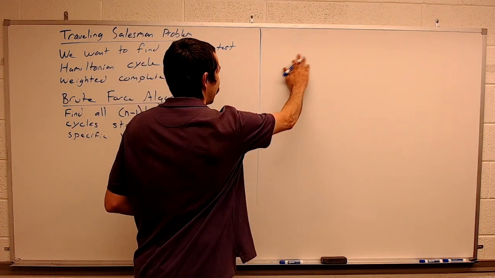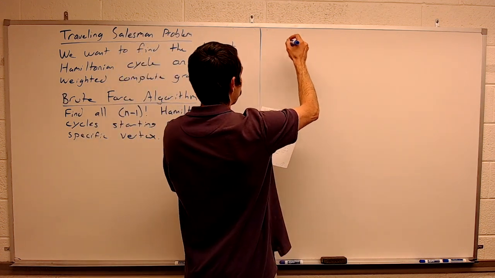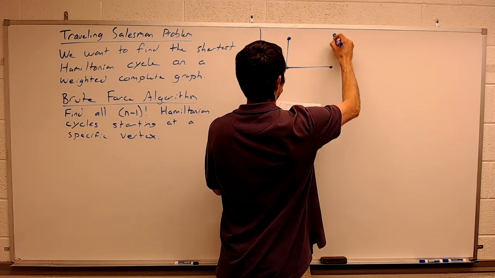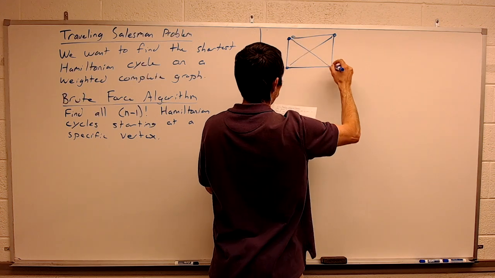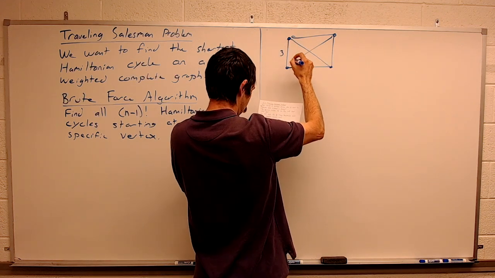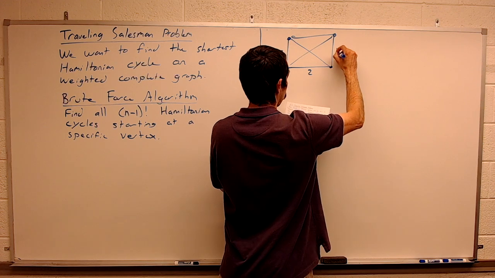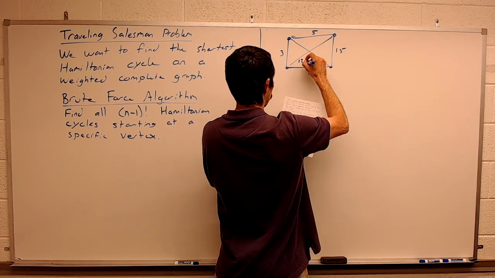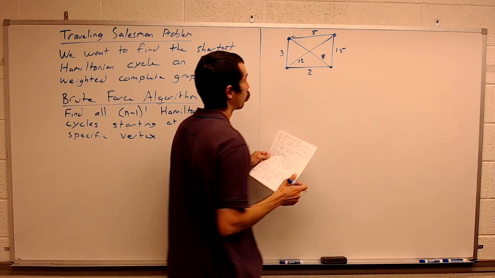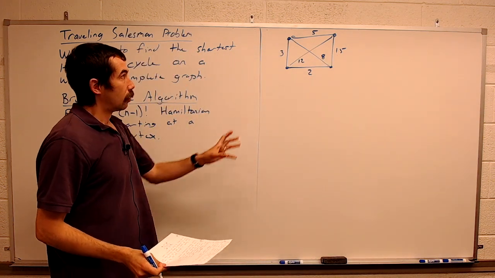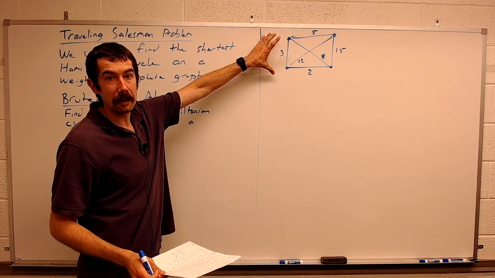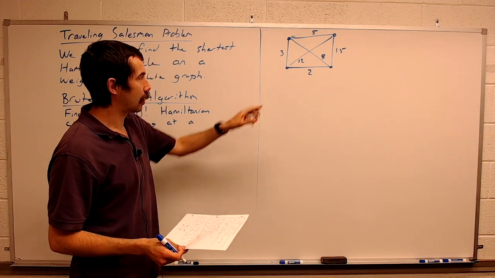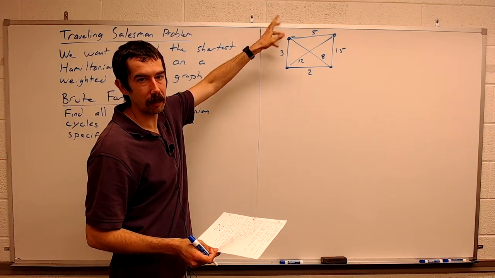Okay, so let's say this is our graph. And here are the weights. We want to find the Hamiltonian cycle with least weight in this graph. Let's just say this will be our starting vertex for each of them. It doesn't really matter.